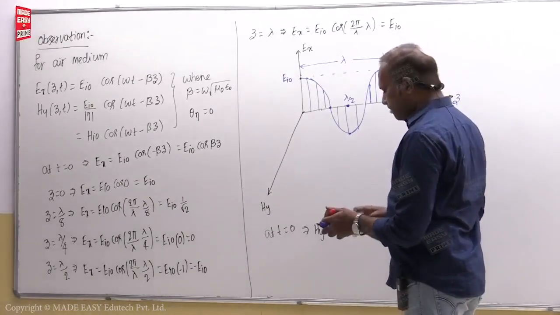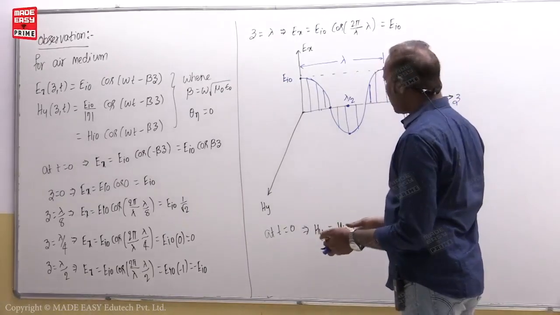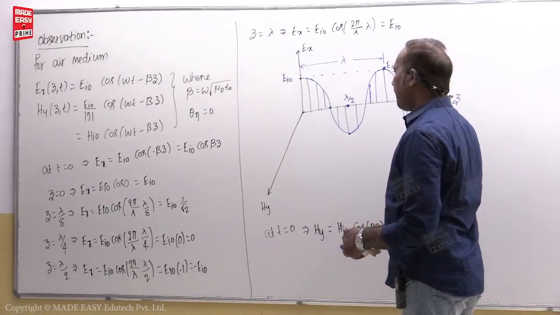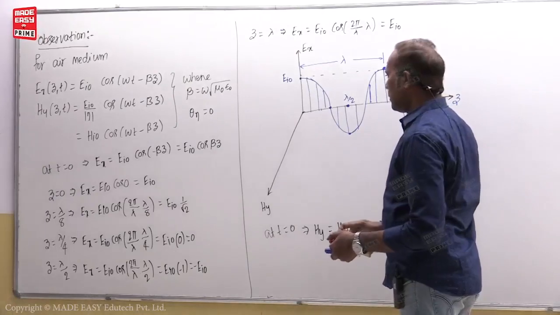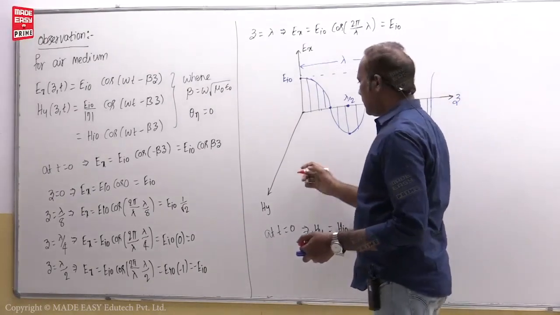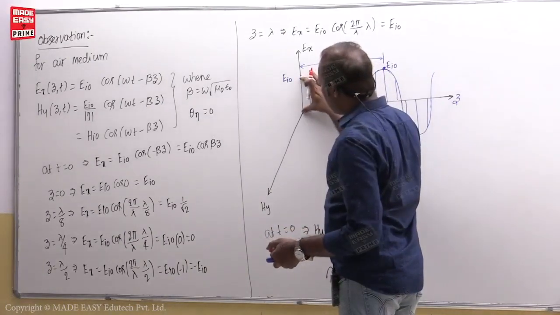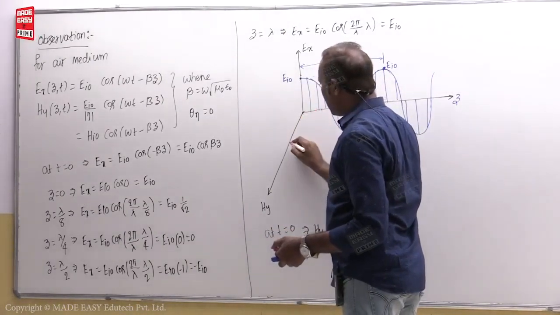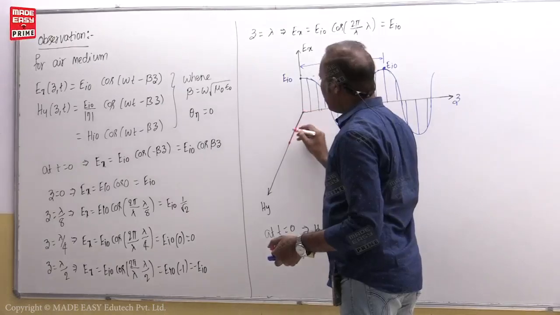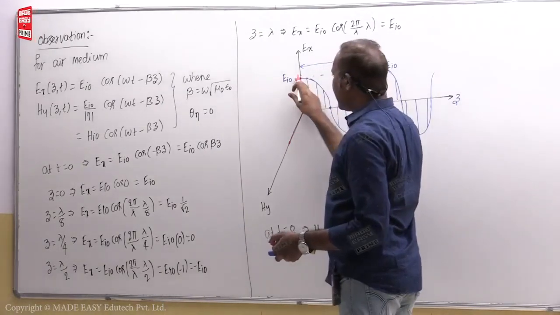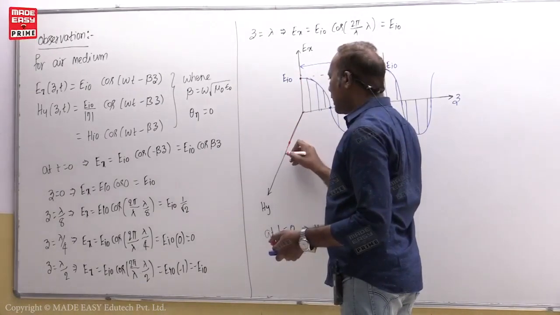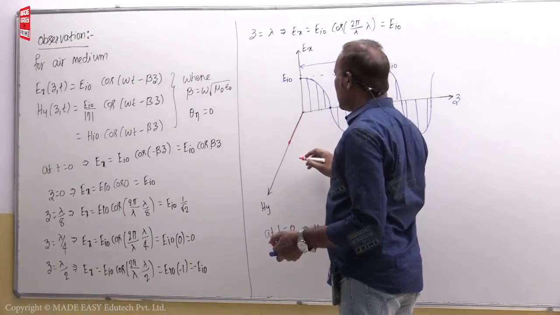So here you have to draw the lines parallel to the y axis, like this you have to draw. The highest value, for example this one, like this. Anyway, not exactly this one. This will be EI0 divided by eta naught, so some value is there.